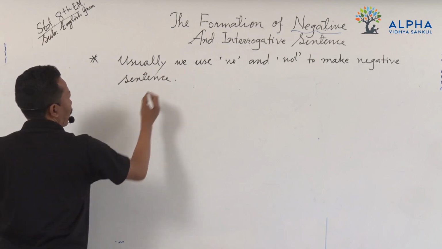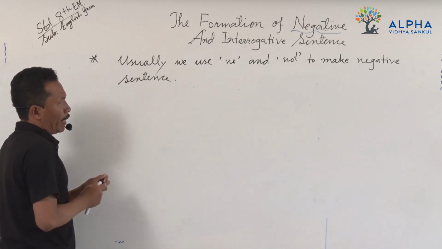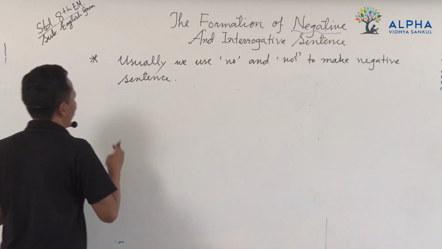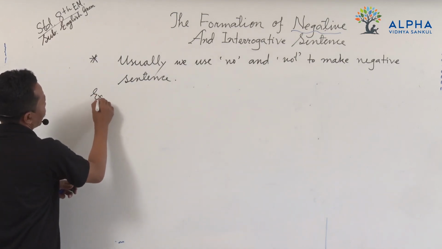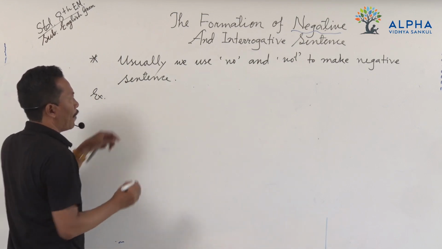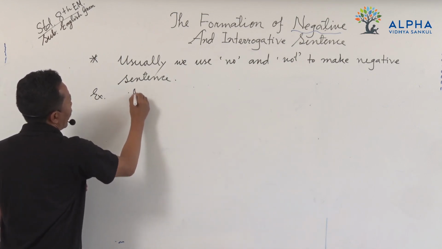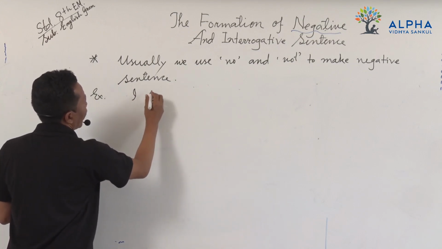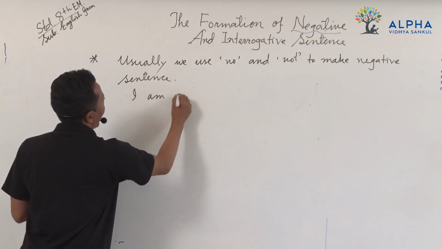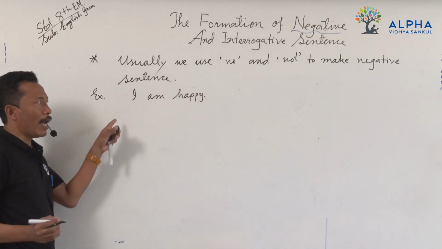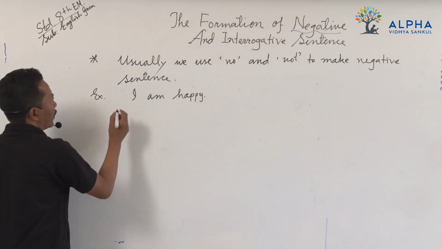Okay. But how to make this negative sentence? Suppose, for example, here is the affirmative sentence: I am happy. Then how can we make a negative sentence?